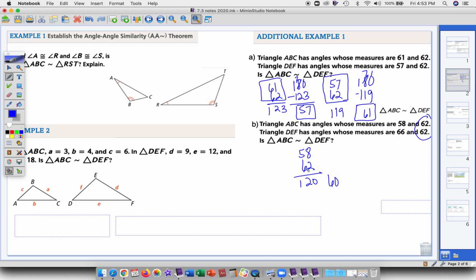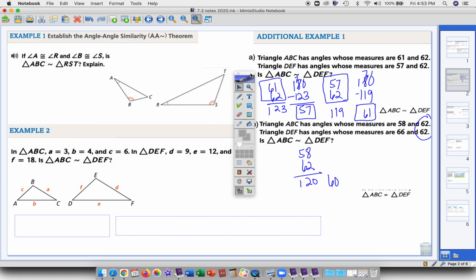This triangle would have 58 and 60, where this triangle has a 66. So my conclusion for this one is no, triangle ABC is not similar. Just like we do for not congruent, we can say not similar by putting a strike mark through the similarity symbol.